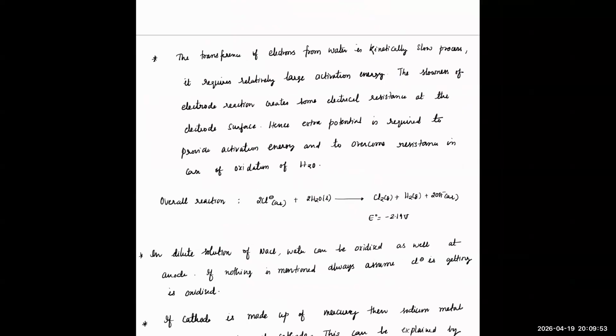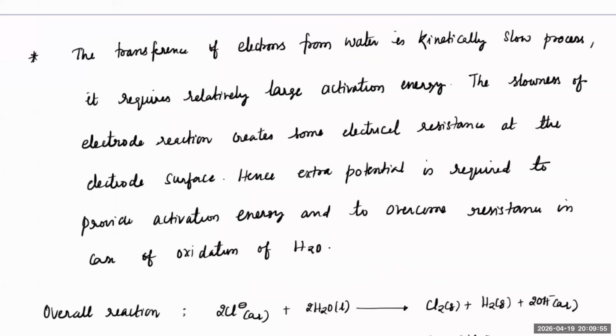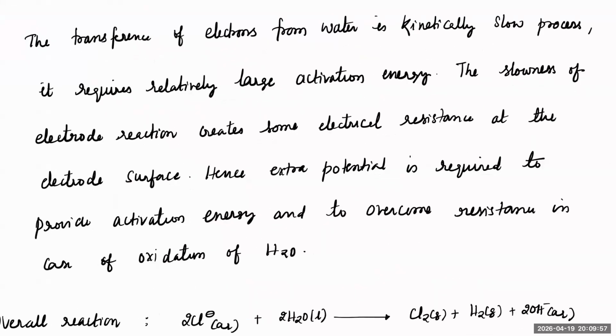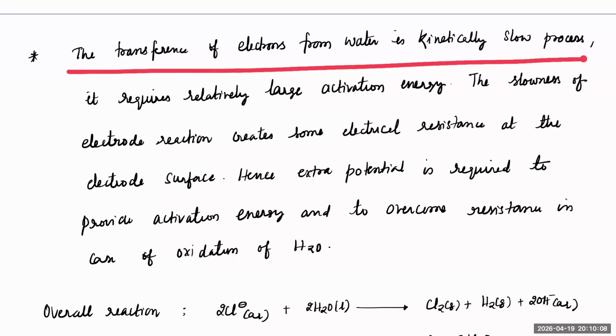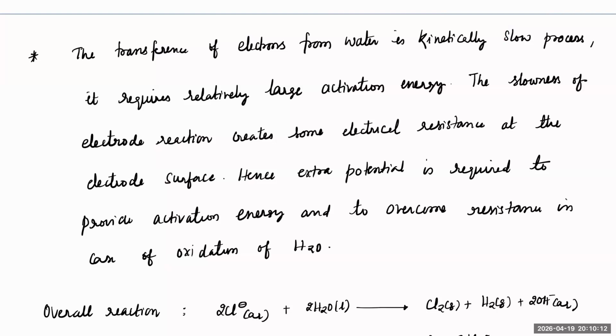Right. Now notice it. How do we write this statement in practice? I mean, whatever we discussed. Theoretically, what happened? The transference of electrons from water is a kinetically slow process, right? And it requires relatively large activation energy.